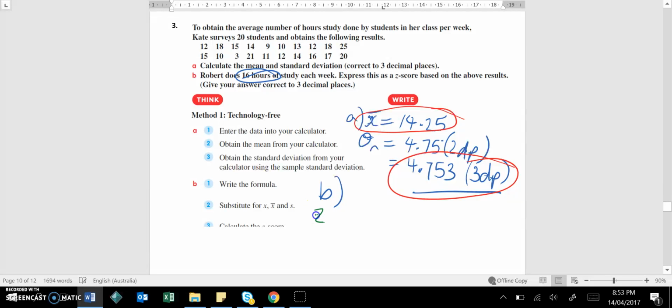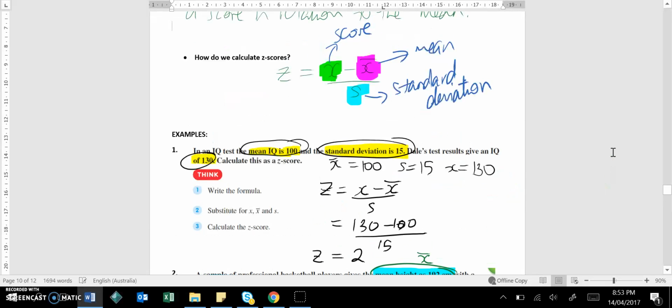I'm going to write out the rule again: x minus x bar on s. My score happens to be the 16 hours minus the mean that I worked out over the standard deviation to 3 decimal places.